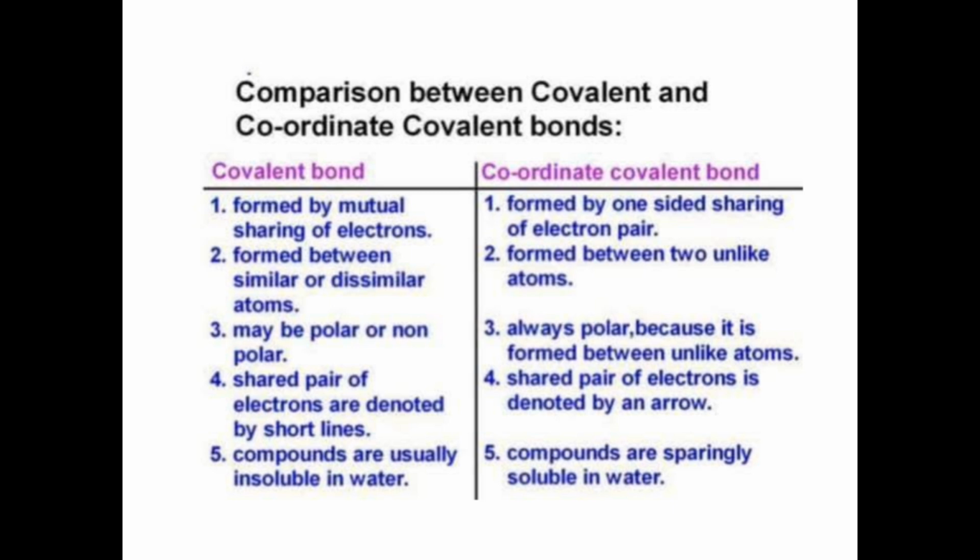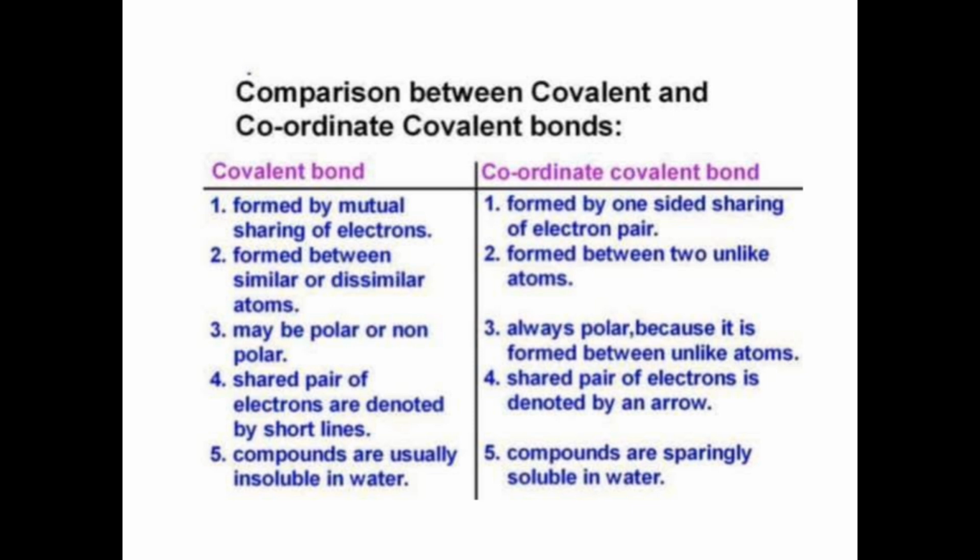Coordinate covalent bonds are formed between two unlike atoms. Covalent bonds may be polar or non-polar. Coordinate covalent bonds are always polar because they are formed between unlike atoms. They are always polar, either positive or negative, with a few exceptions being neutral. That's for complexes, and that one usually occurs in complexes alone.